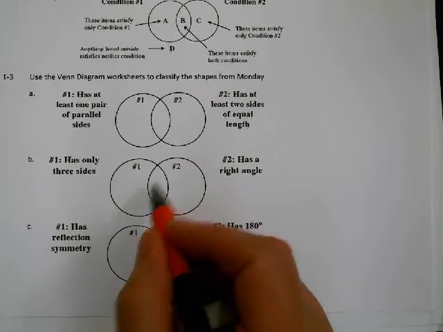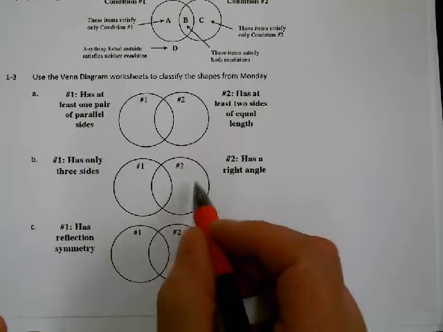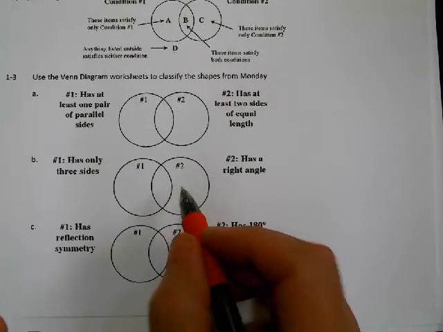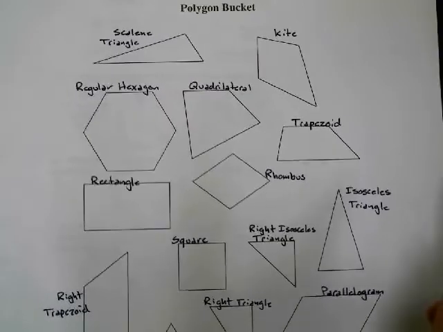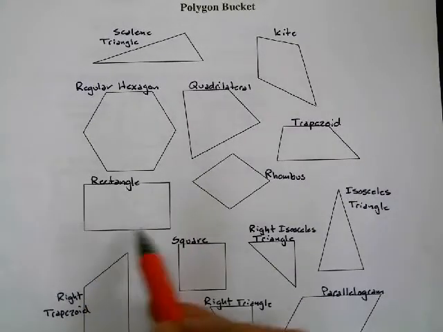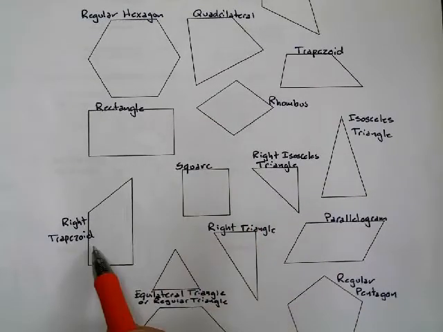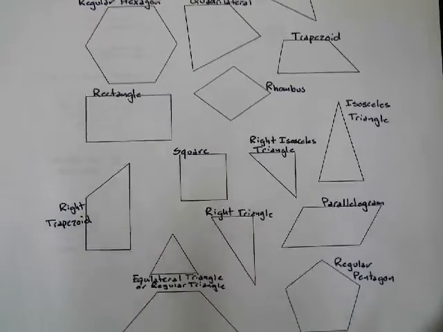This will have all the other shapes that have 90-degree angles. So which other shapes have 90-degree angles? Well, it looks like the rectangle has 90-degree angles. The square has 90-degree angles. The right trapezoid has 90-degree angles. And that might be it. So let's look at what that one looks like at the end.